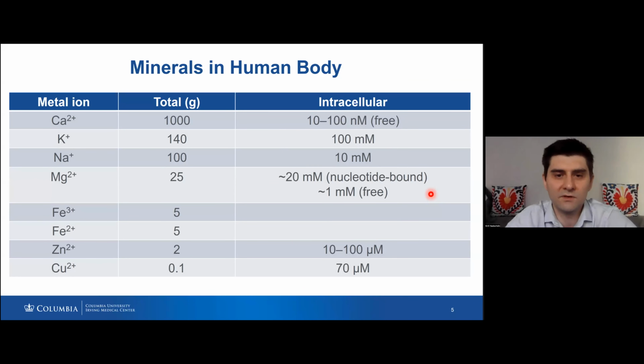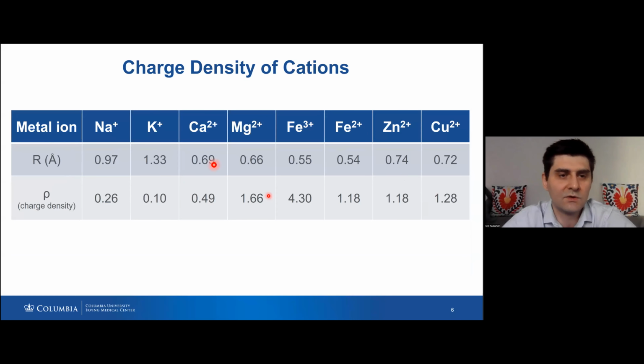So all these minerals do a lot of functions, and they are involved in a lot of reactions inside the human body, but they actually are different by their physical nature. So all these metal ions have different radii or different charge. So that translates to the charge density. And I'm not going to talk about the iron today because iron does a lot of stuff in the human body, but mostly it is involved in oxygen delivery.